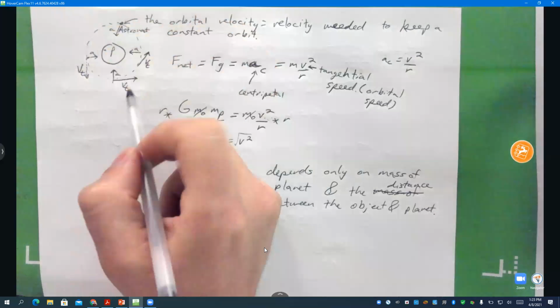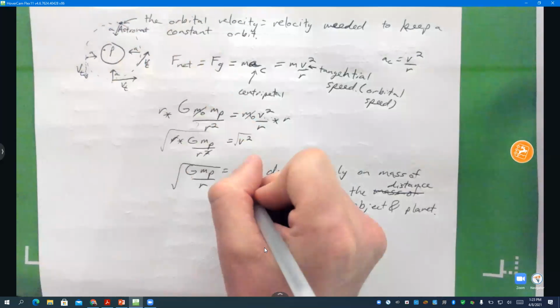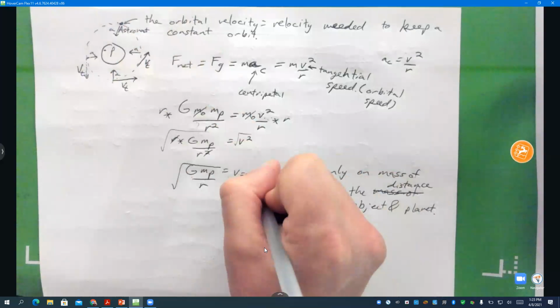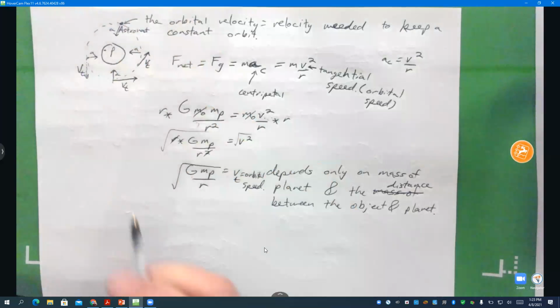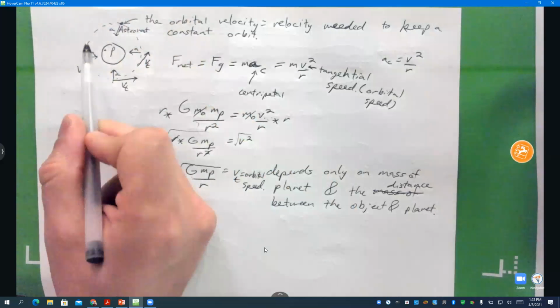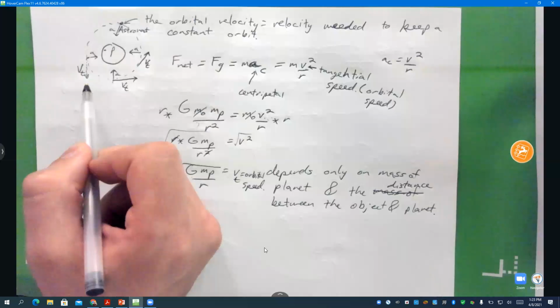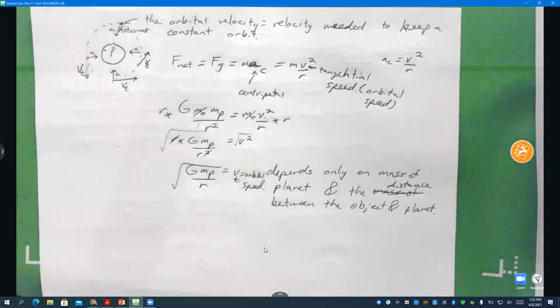So that is what it would be, and this is also equal to orbital speed. So that's how you'd show it on the diagram: something coming off at a right angle to the circle, like that. Does that answer your question?